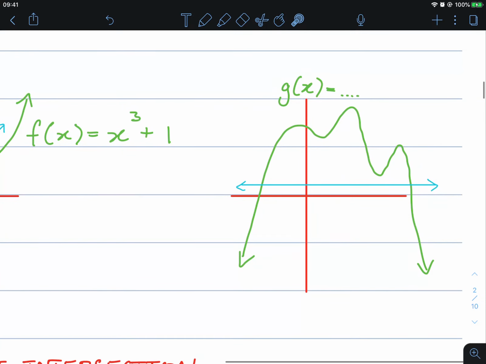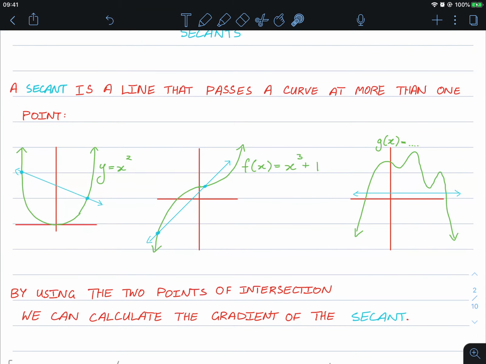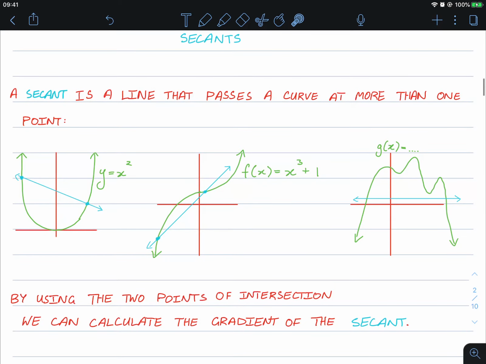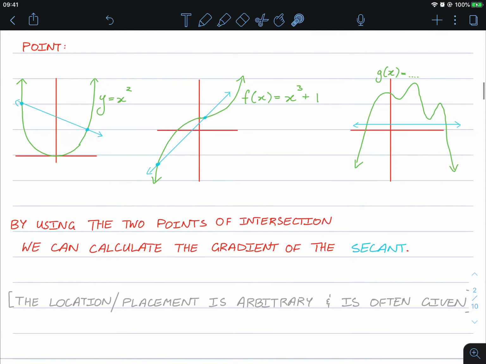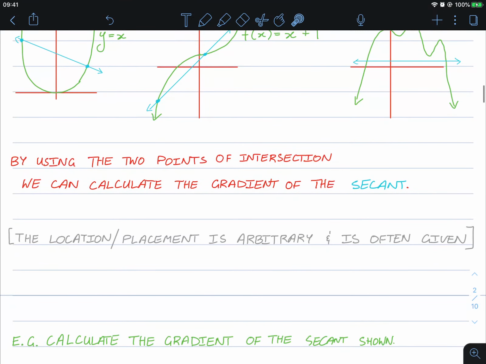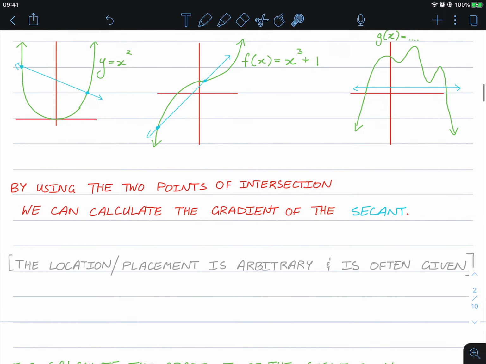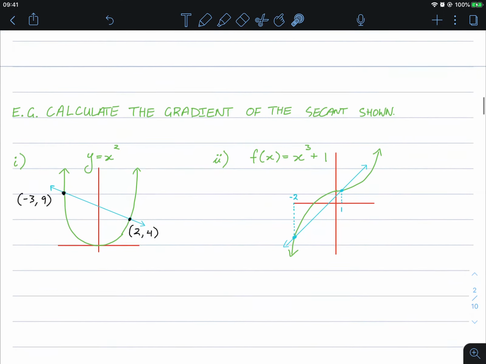One last example. Here's a function, don't know what it is, but it passes through 2 points. By using the 2 points of intersection, we can calculate the gradient of that secant. Just know that the secant can be placed anywhere that we like, but the main thing that we'd like to understand is, can we calculate the gradient of that secant?